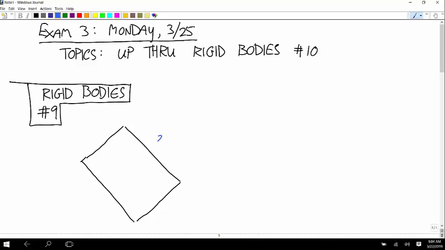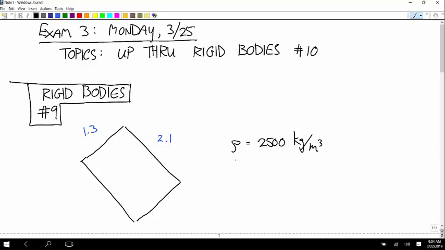So this length is 2.1, this is 1.3. The density is 2,500 kilograms per meter cubed.